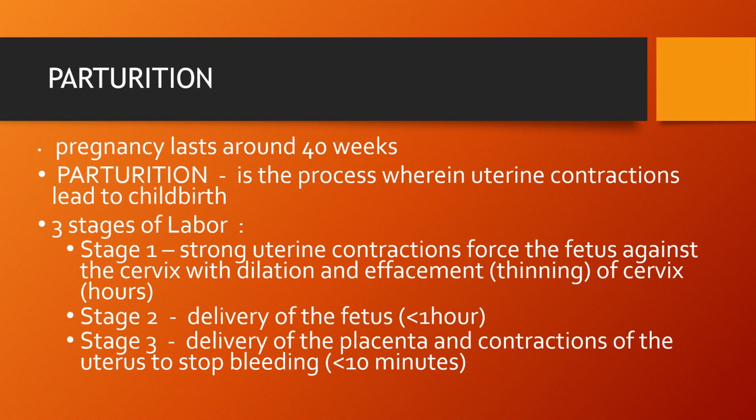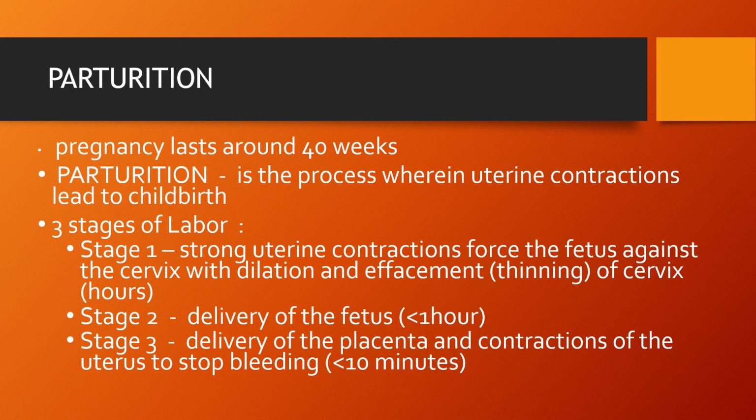From human placental lactogen to your estrogens and progesterone. Okay, then let's talk about the process of giving birth or parturition. Pregnancy will usually last for around 40 weeks. Parturition is the process wherein the uterine contractions lead to childbirth. So there are 3 stages of labor.